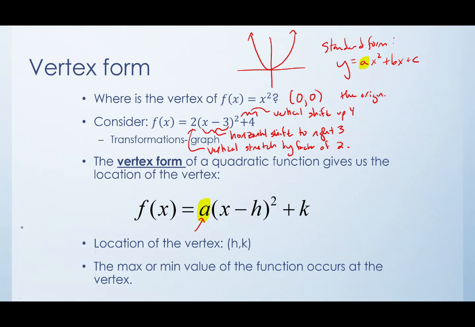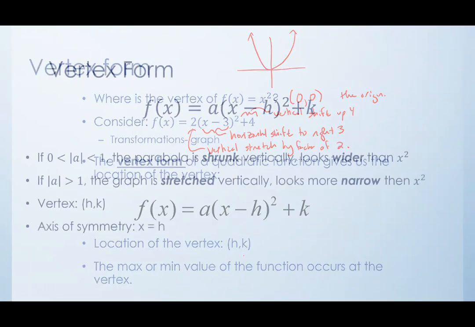But the advantage of the vertex form is that it's going to tell you exactly where the vertex is, right? Because you're going to take that 0, 0 vertex and shift it over left or right by h, and you're going to move it up or down by k, so that you automatically know where your vertex is if you have it in vertex form. And of course, the max or min of the function occurs at the vertex. It's one or the other, but not both.